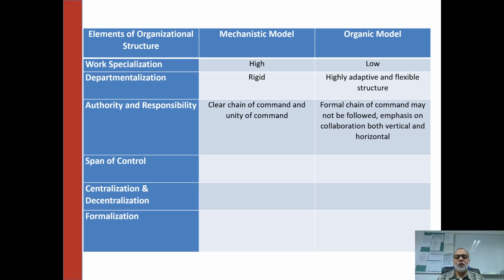The span of control in the mechanistic model is narrow, leading to taller structures and more bureaucracy, lengthening the communication channels. Whereas in the organic model, we have a wider span of control leading to flatter structures.